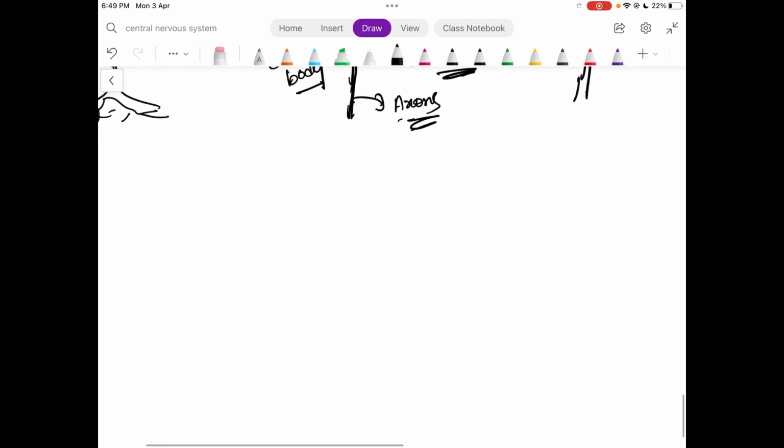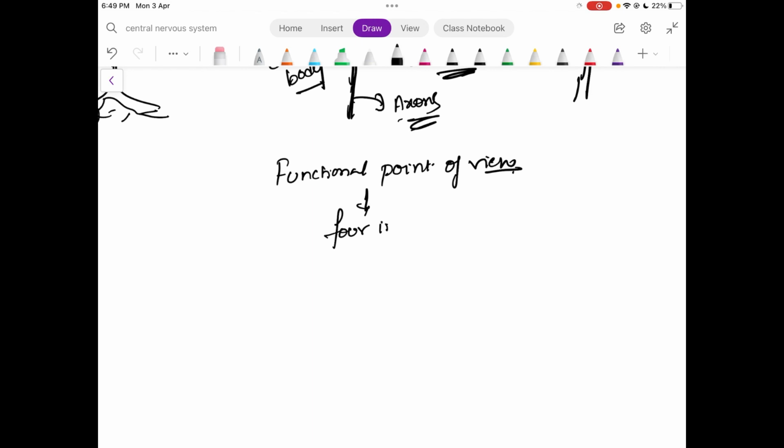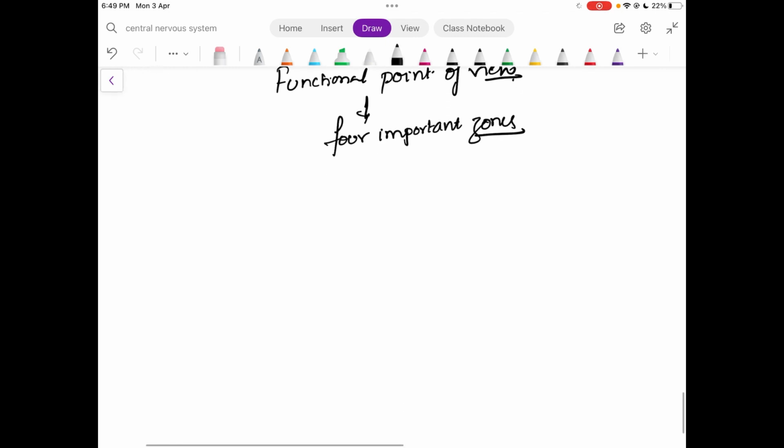So from a functional point of view, these neurons have been divided into 4 important zones. We'll see each zone. One is the dendritic zone.